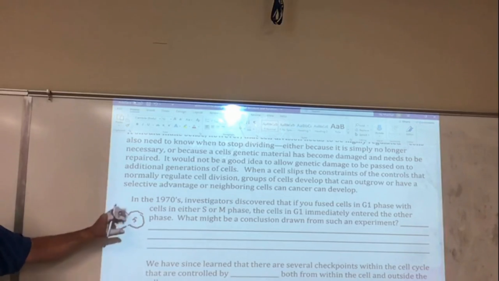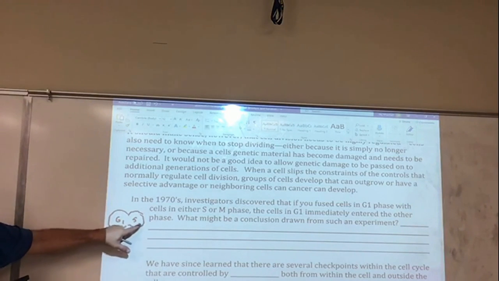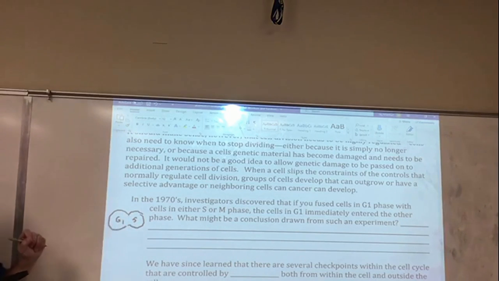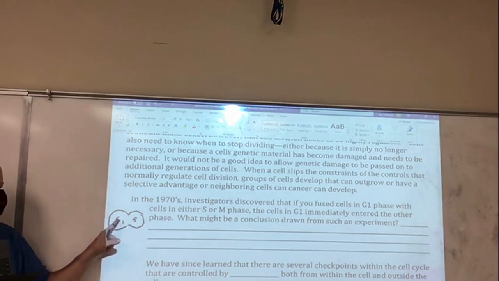Okay, so if I do this kind of experiment where I fuse this cell with this cell, maybe that's what you're trying to say, maybe a chemical in this phase got into this phase and made this cell start to go into the synthesis phase.